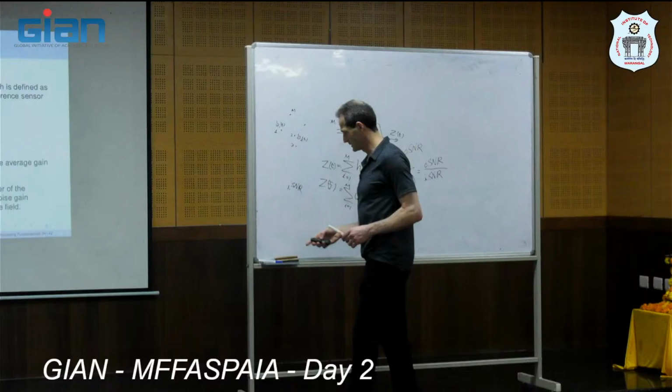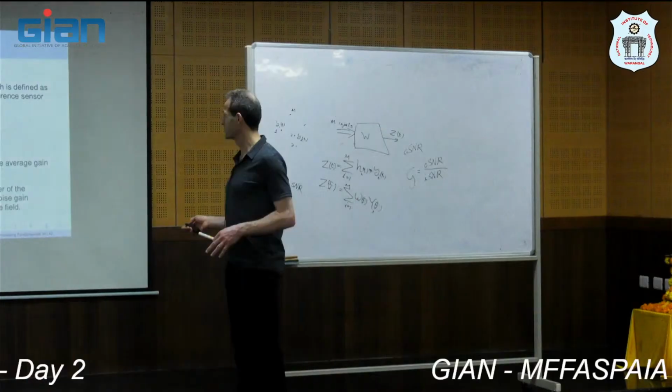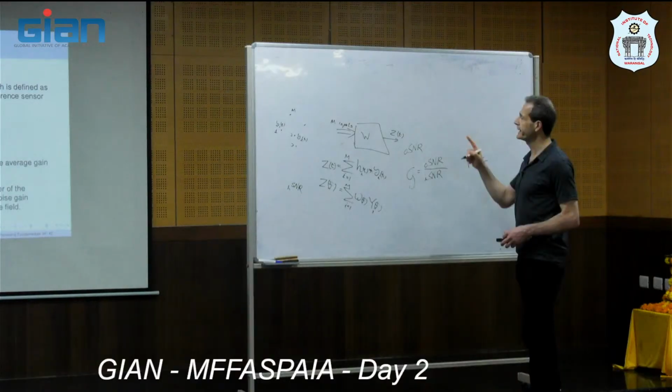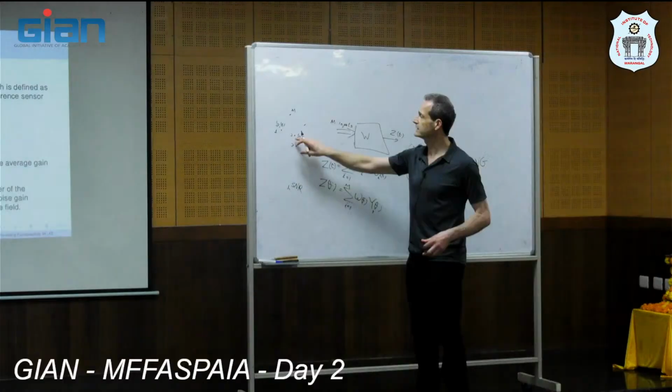If we define this for white noise, we call it white noise gain, which means the array gain when the noise is spatially white, a thermal noise which is independent in any sensor.